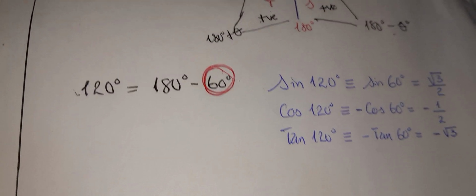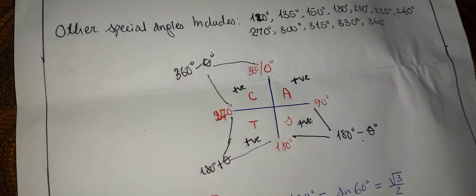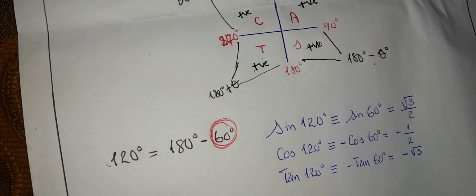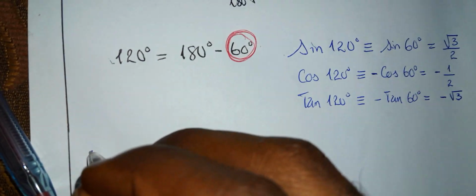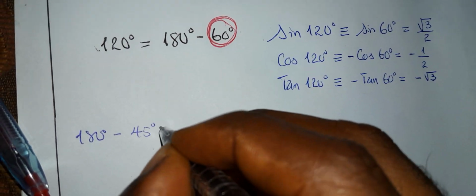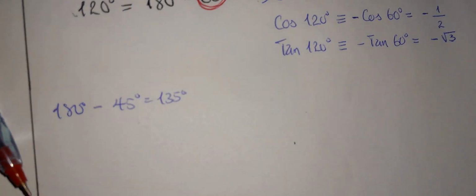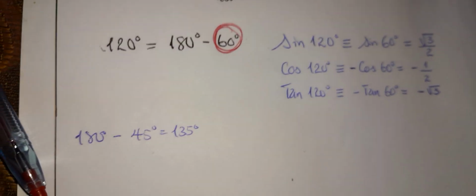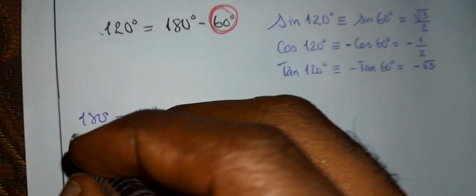So this applies for 135 and 150. So I would just say for 135 to be 180 degree minus 45 degree equal 135 degree. So you can try this and leave your answer at the comment side below, and if you don't understand, you just notify me.